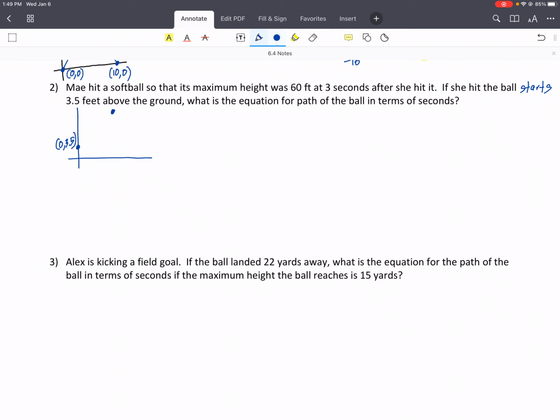That's going to be our vertex, and that's going to be at 60 feet at 3 seconds. So we're going to do 3 and then 60 for our point. Let me just move that closer over here. And then this path is going to follow a parabola.